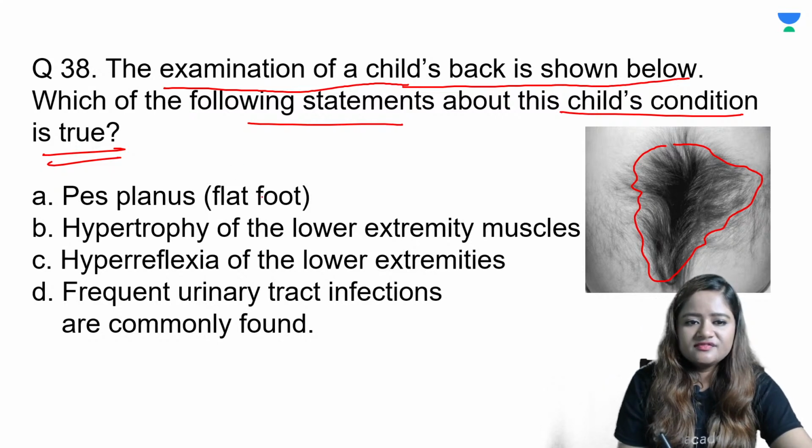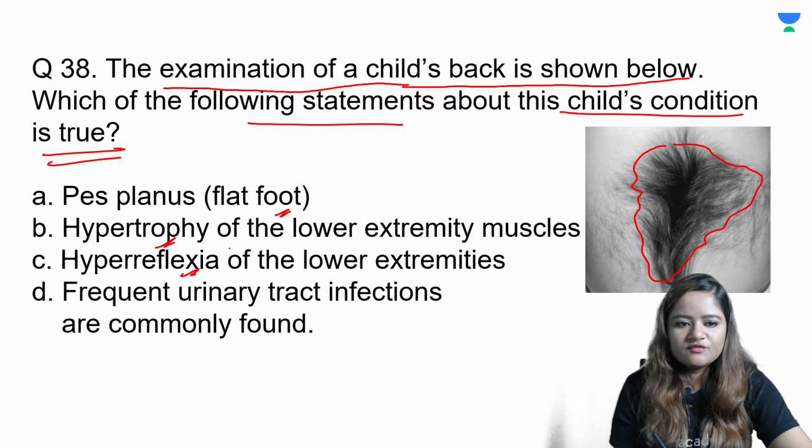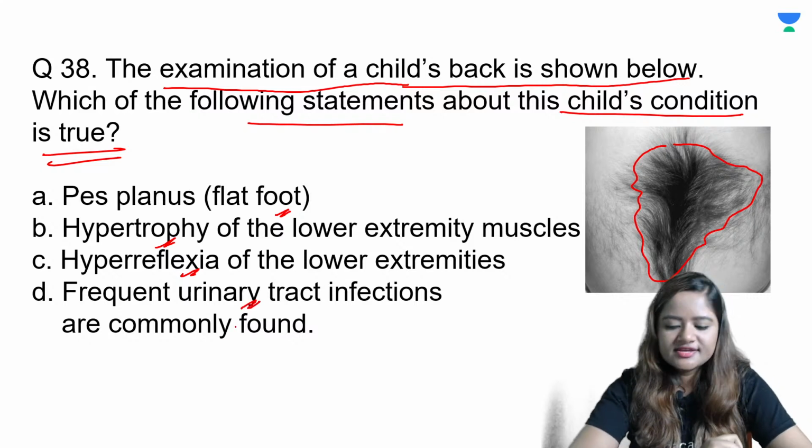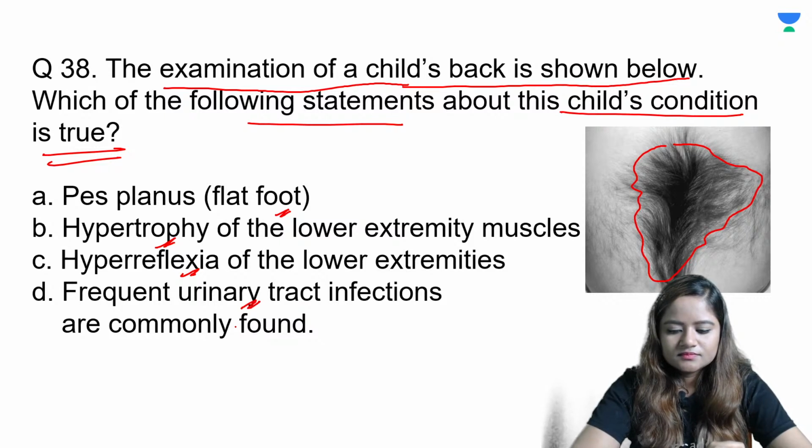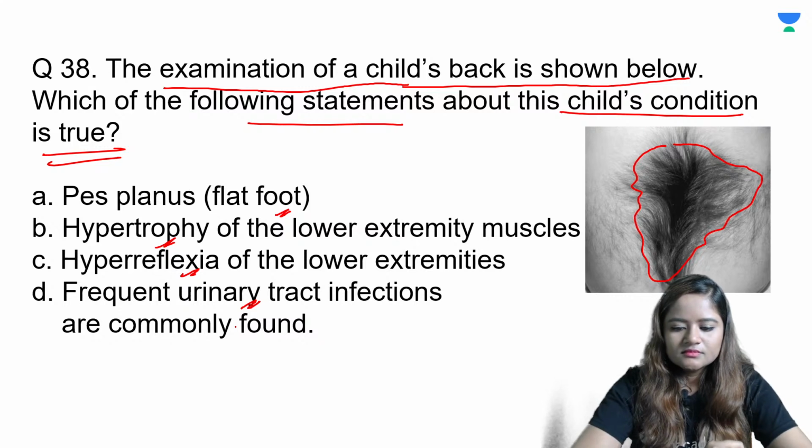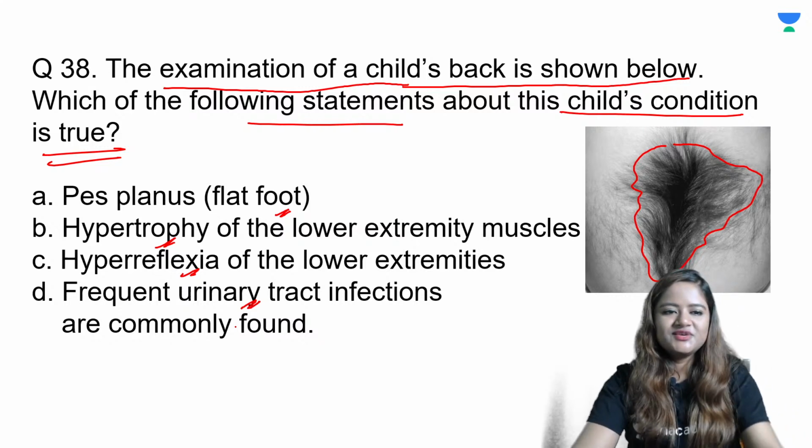Can it be associated with flat foot? Is there hypertrophy of the lower limbs? Can it be hyperreflexia of lower limbs? Or there can be frequent UTIs, which is common. So it's a little difficult question.